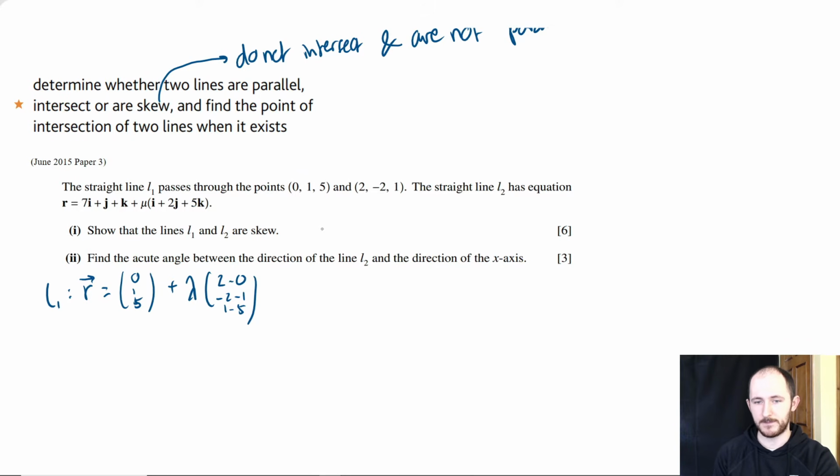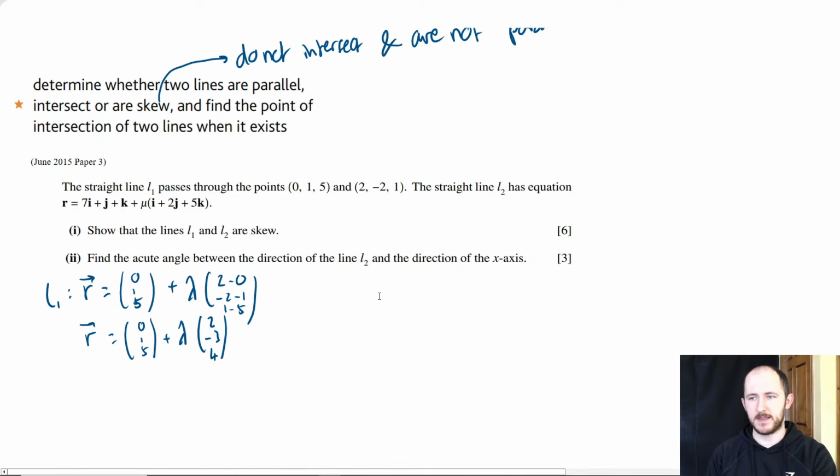Okay? So now we'll simplify this. Again, that's just the exact same as the question we've done just before. And we need to do this because just like with 2D regular lines, to prove that they're parallel or intersect, we need to actually have their equation of a line. Perfect.